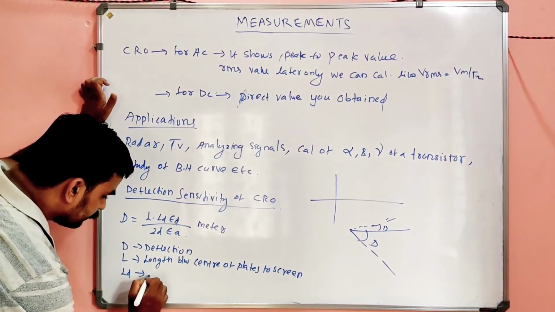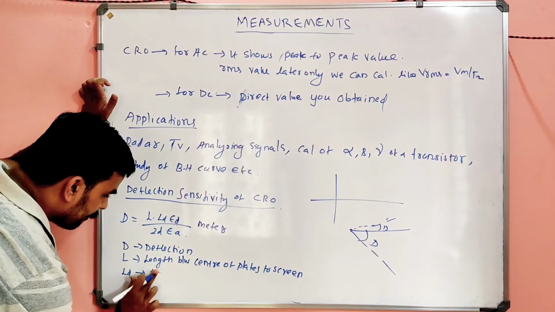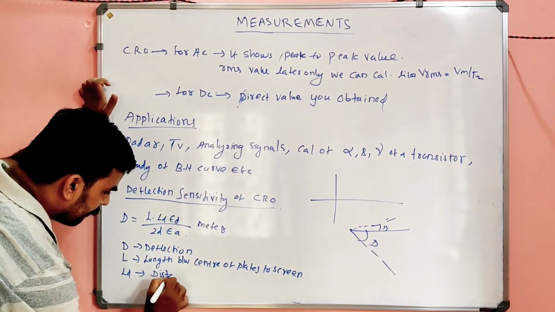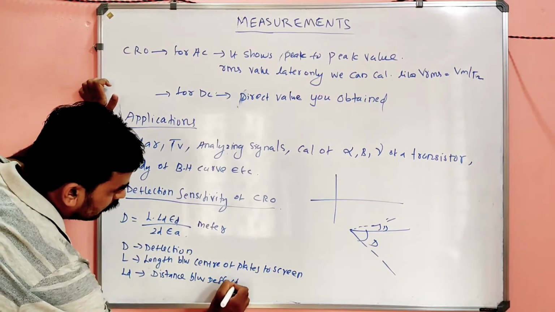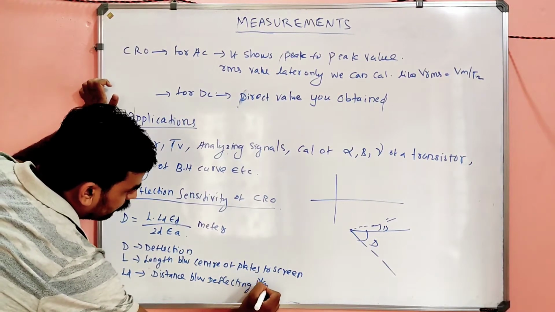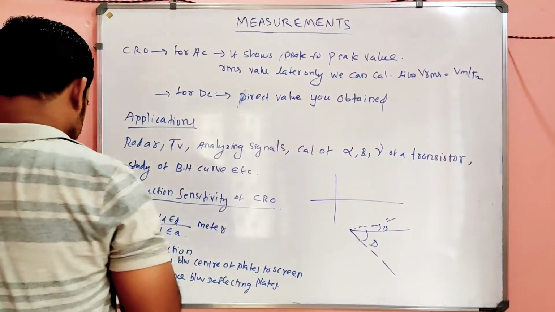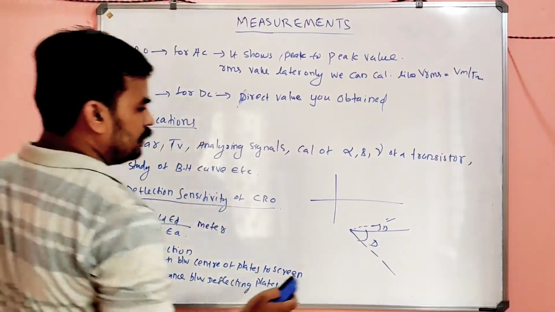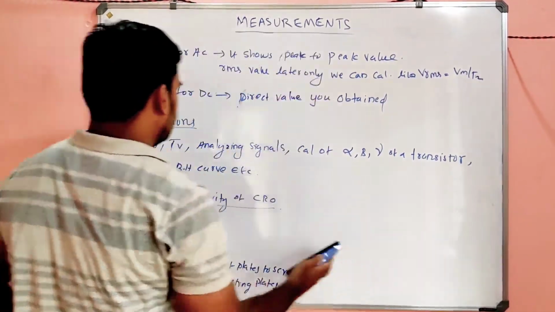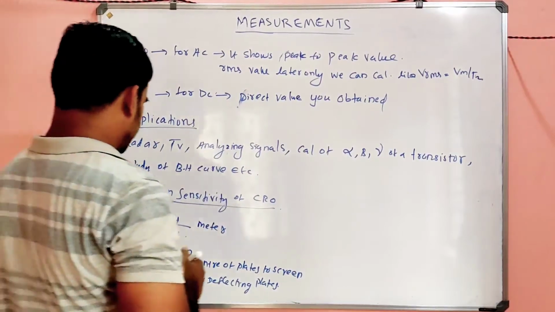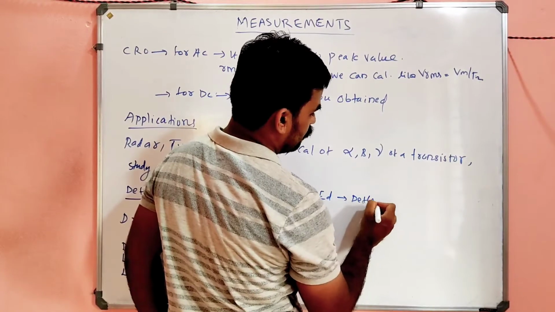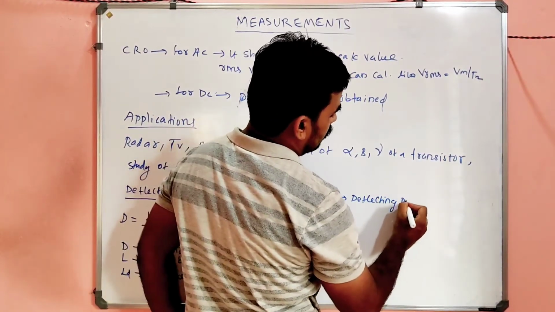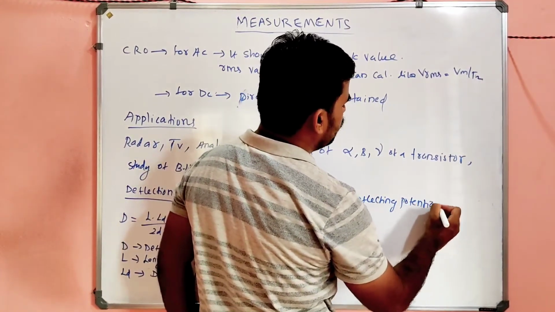l is the length of the deflecting plates, and d is the distance between the deflecting plates. Ed is the deflecting potential, or simply the voltage applied, my dear.